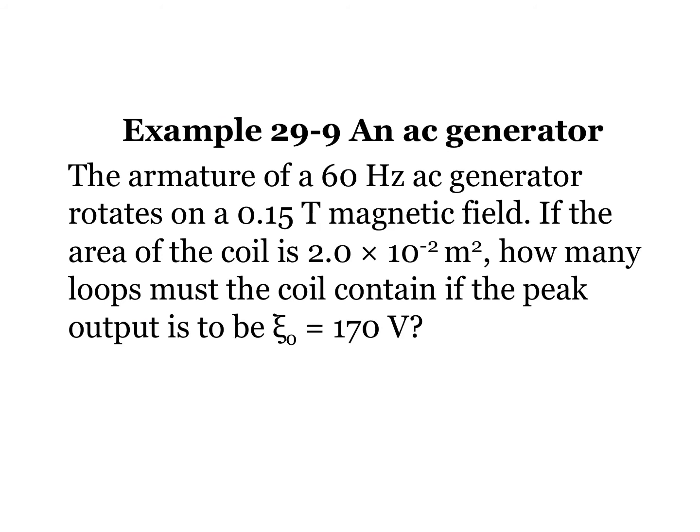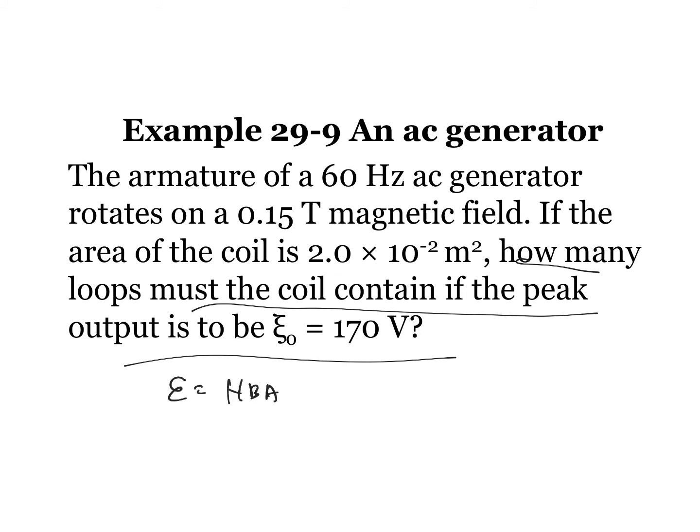This question is very easy, a direct question. The question asks how many loops the coil must contain if the peak output EMF is 170 V. When it comes to an AC generator, you use EMF equals NBA omega sine omega t. But the question doesn't ask in terms of time, so you can ignore the sine part.